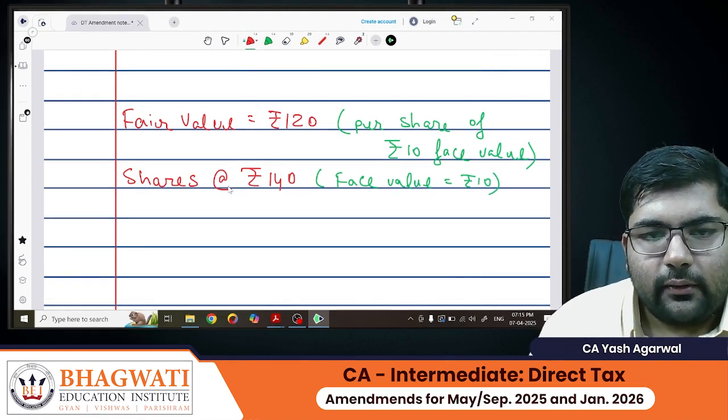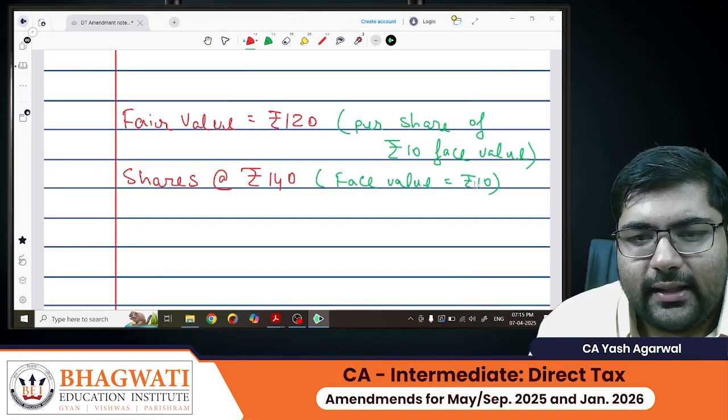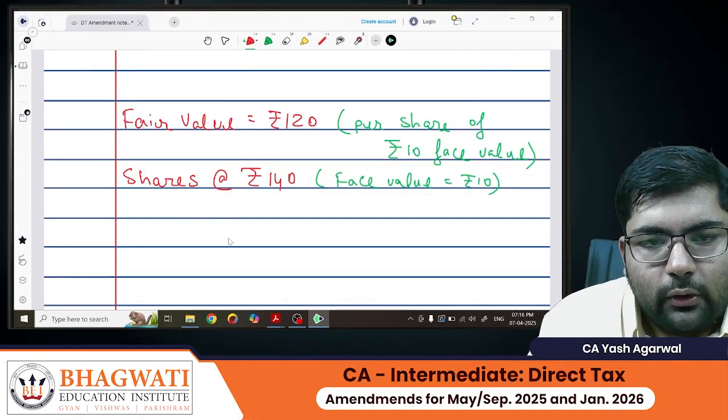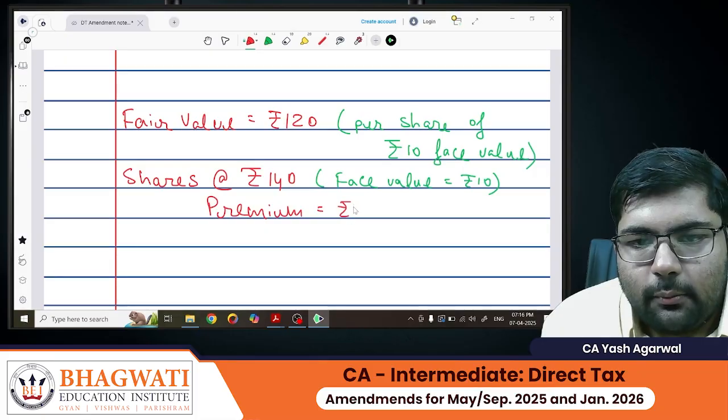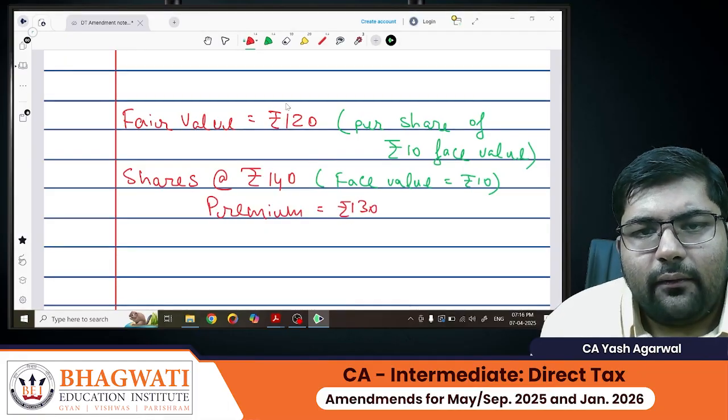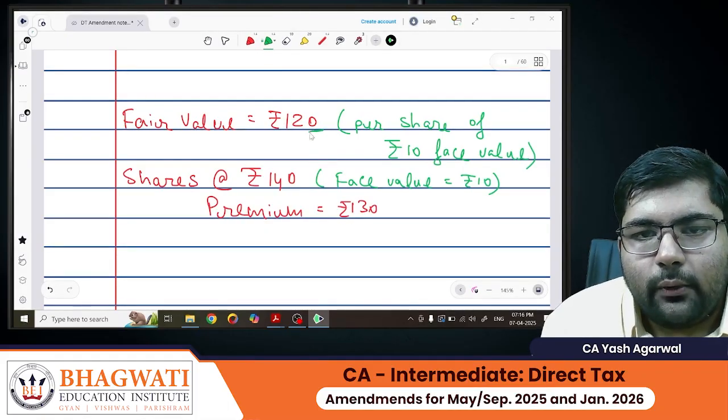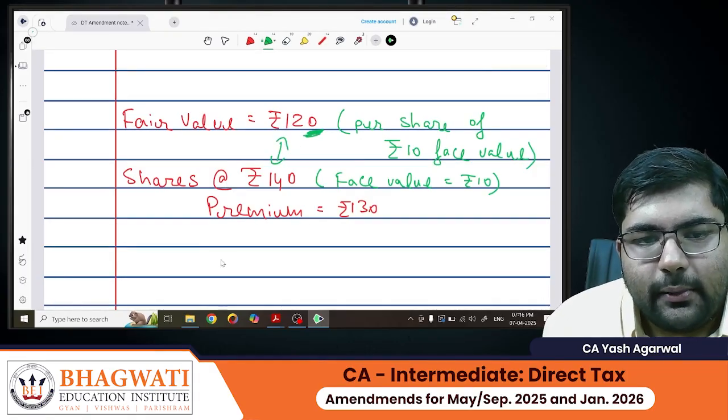So if shares are being issued of rupees 10 face value at rupees 140, you know that the premium is rupees 130. However, the fair value of these shares is only rupees 120. So how much in excess is the company charging? 20 rupees.